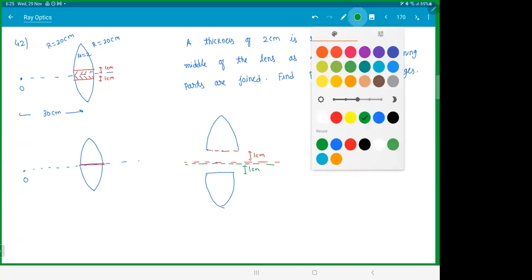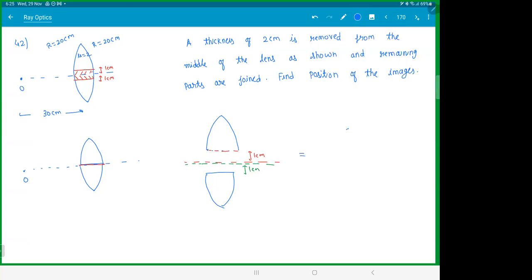Now, when you joined them, what will happen to the red line? When you join them, the red line will go down here, isn't it? So this would be 1 centimeter. So if you push this 1 centimeter down, the principal axis from here also will shift 1 centimeter down. Is that making sense?